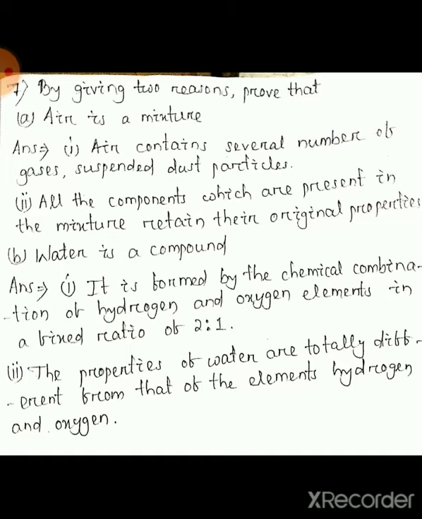And the second reason is the properties of water are totally different from those of the elements hydrogen and oxygen. When a compound is formed, the properties of the compound are totally different from the properties of its constituents. So you write the properties of water are totally different from those of the elements hydrogen and oxygen.